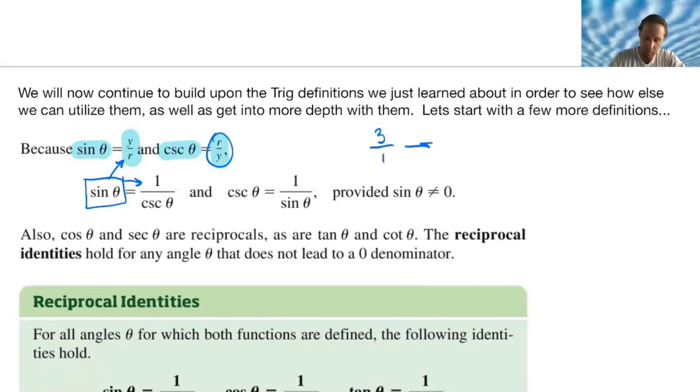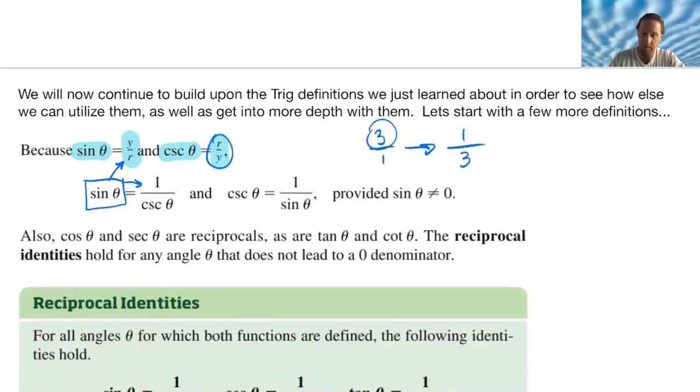But if I wanted to do the reciprocal of that, it would have to be 1 over whatever that thing originally was, which in this case would be 3. So same idea here. If I take sine over 1, I can rewrite that as the reciprocal flipped, as 1 over sine. The reciprocal we already had a name for, and that was cosecant.